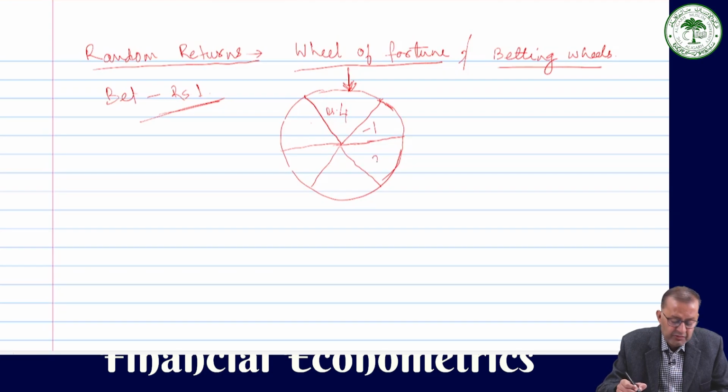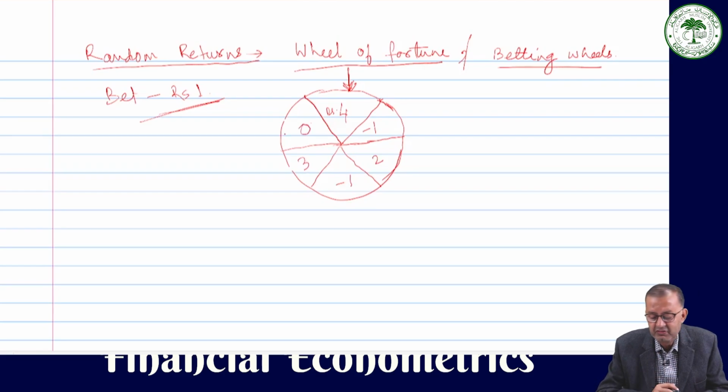Here it is -1. There could be 3. There could be 0. If it stops here, your rate of return is 4 rupees.